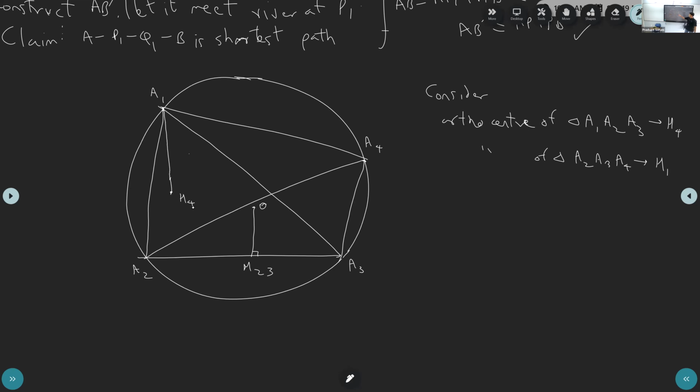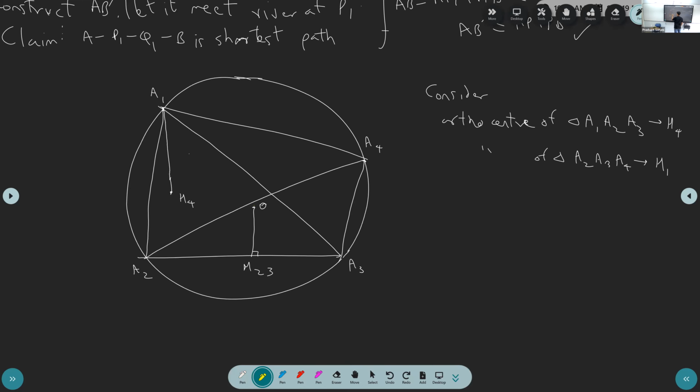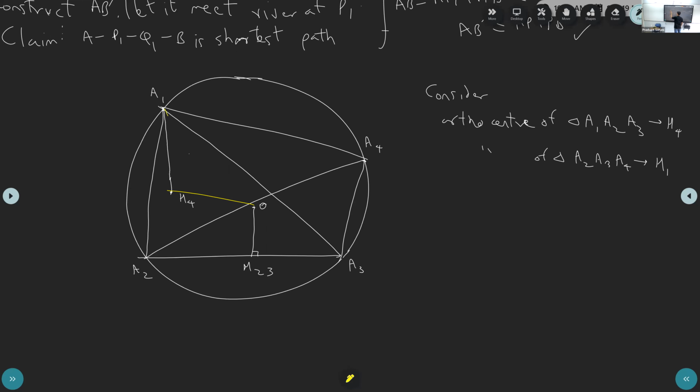Then do you know that A1H4 is parallel to this and twice the distance, right? I mean, the standard property. If I join these two, then this is the centroid, right? So through the centroid, if I apply homothety, this OM23 will become that A1H4.